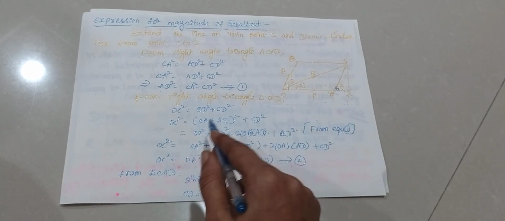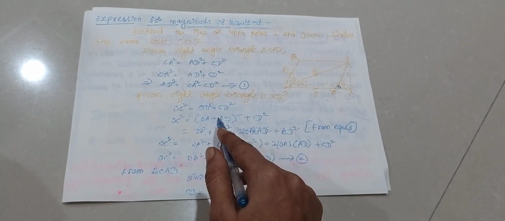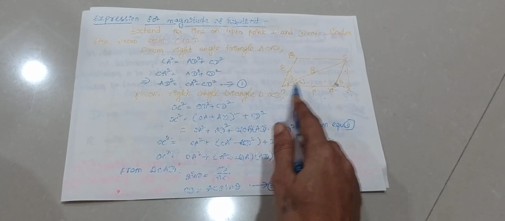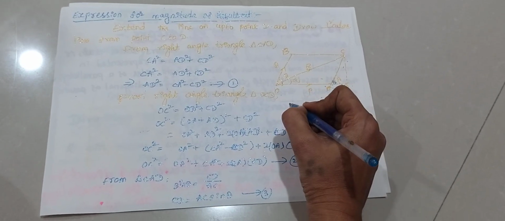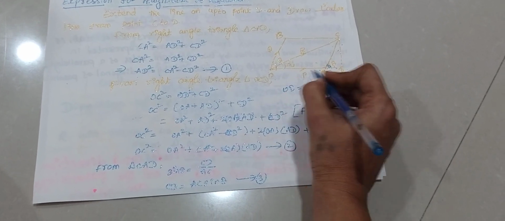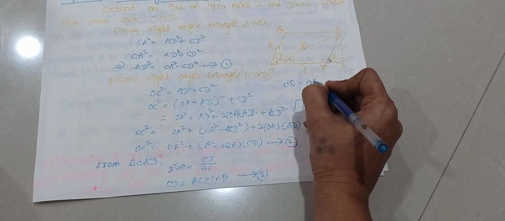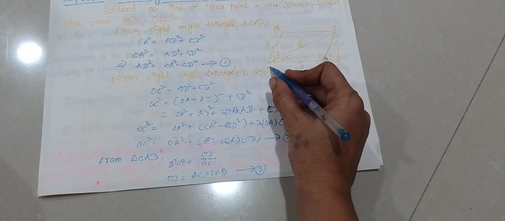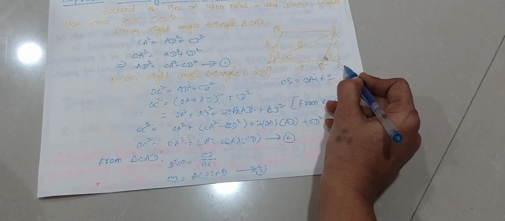OC square is equal to OD square plus CD square. What is OD? OD is equal to OA plus AD.